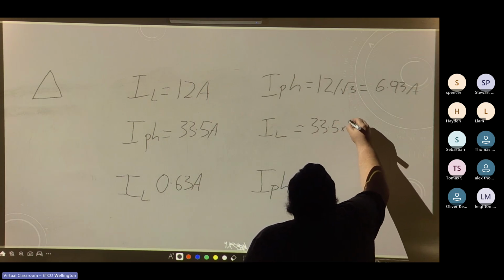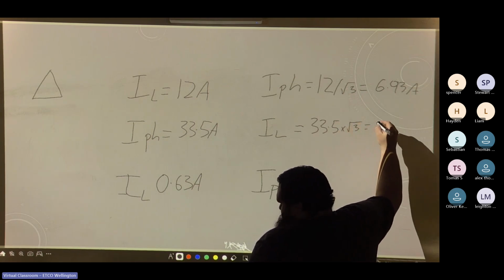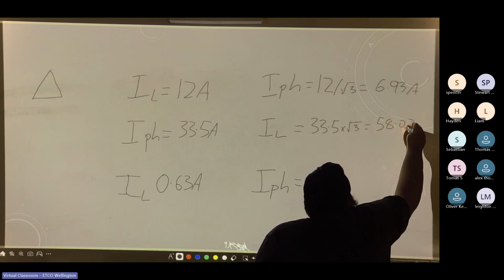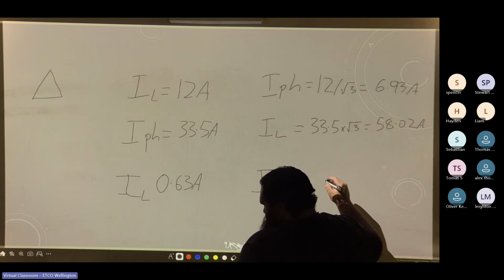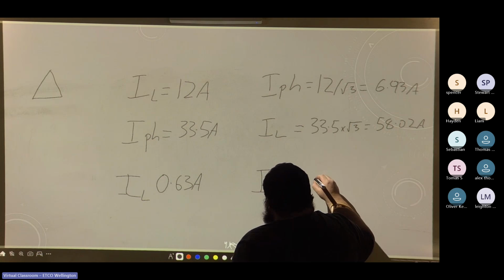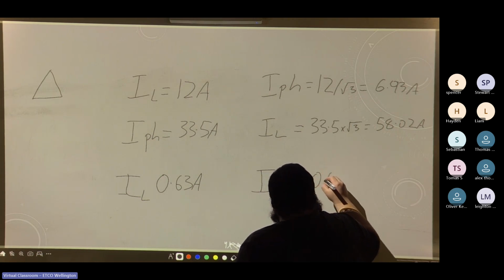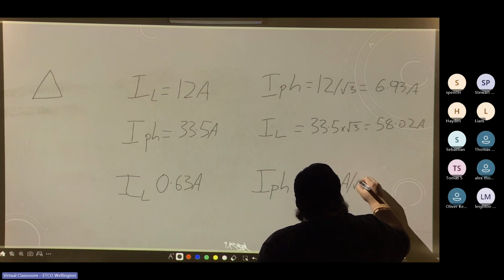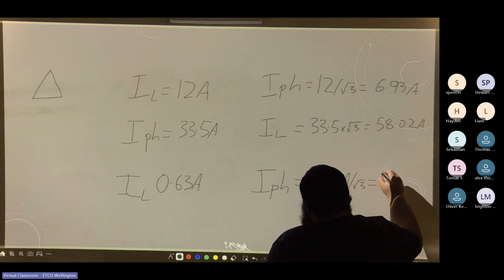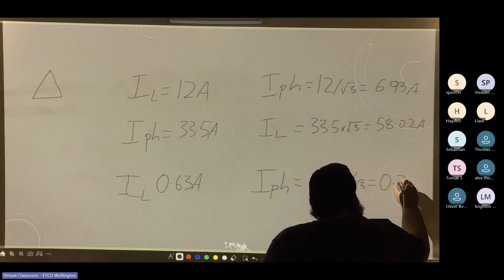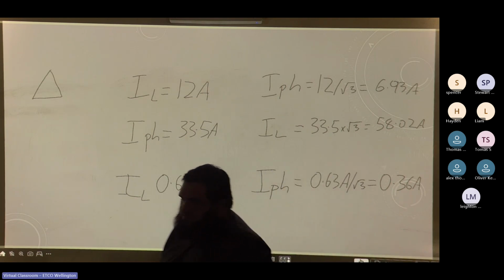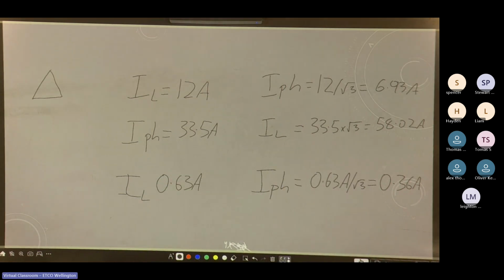You multiply it by the square root of 3, which gives you 58.02 amps. The last one, because it's phase, we take our I line, 0.63 amps, and divide it by square root of 3. It gives us 0.36 amps. We leave it in amps because the question started asking us in amps, and that's the easiest way.